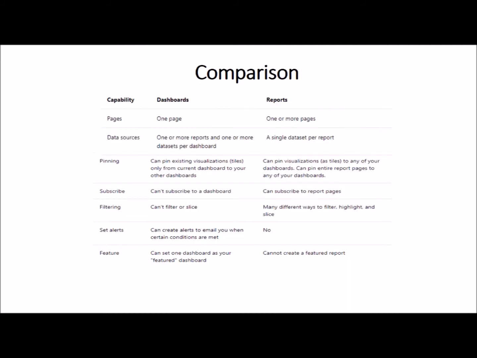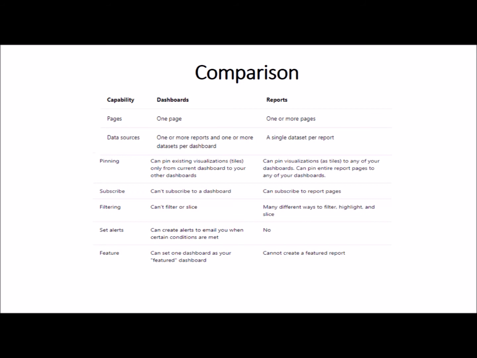Here is the comparison for dashboard and reports. First one is on pages capability, which means a dashboard can only come in one page, but reports may come from one or more pages. For their data sources, a dashboard can have one or more reports or data sets per dashboard, but reports can only come from a single data set.